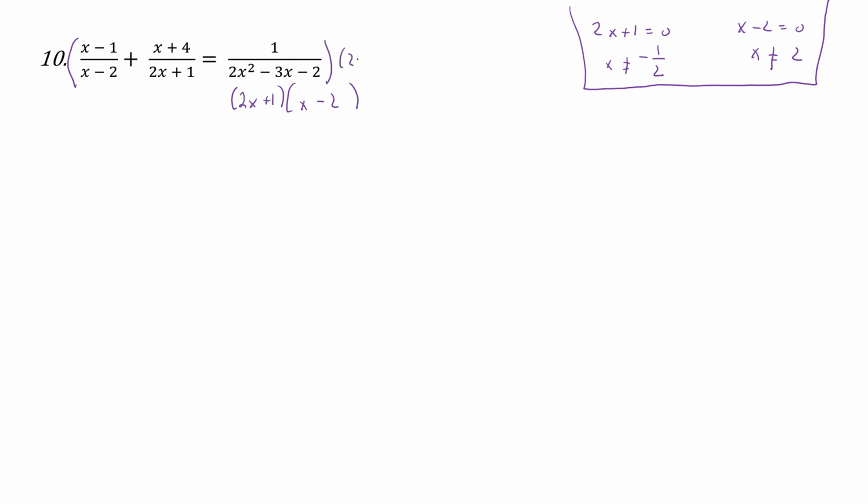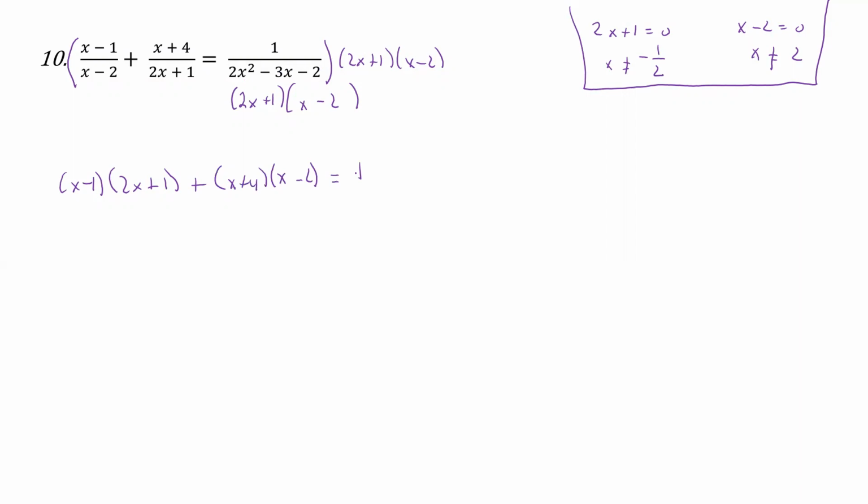So I'm going to multiply by 2x plus 1, x minus 2. And when I multiply that first term, the x minus 2's cancel. So I'll have x minus 1 times 2x plus 1. Plus, and now here 2x plus 1 cancels, so I'll have x plus 4 times x minus 2. And when I multiply here, those cancel and we just get equals 1.